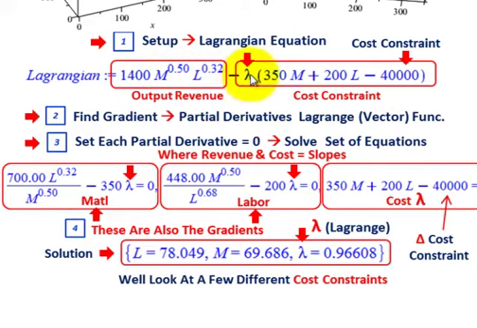And based on taking those partial derivatives, we're going to come up with three different equations, and three different variables are unknown. So then what we do here is we take the gradient, or the partial derivative of each of those, set each partial derivative equal to 0, and you solve the set of equations. This is where the revenue and cost have equal slopes.